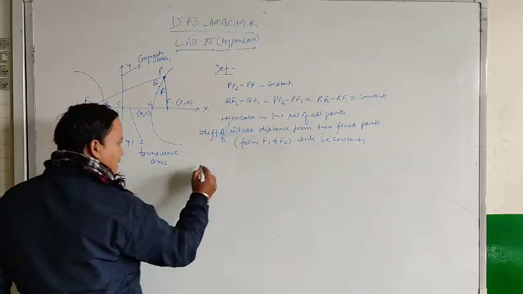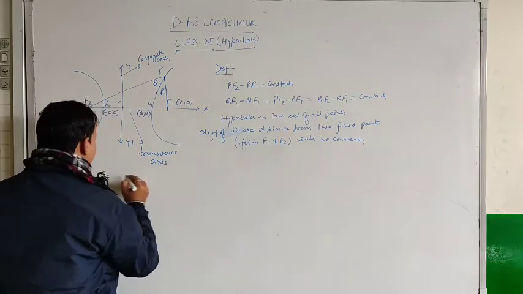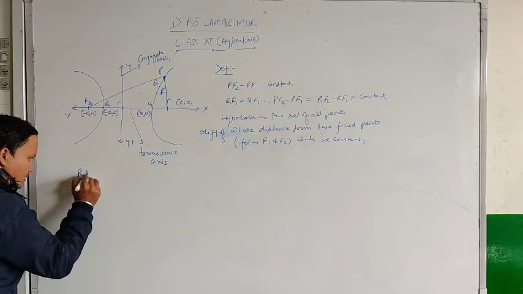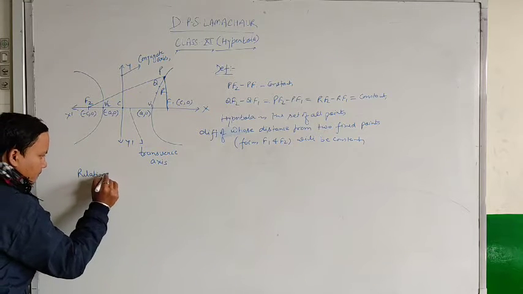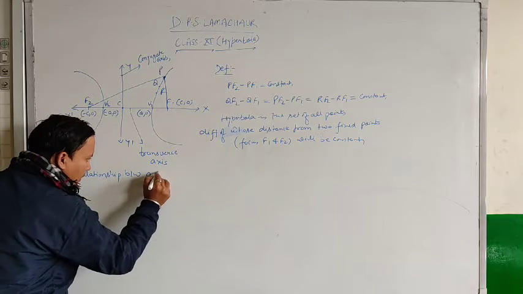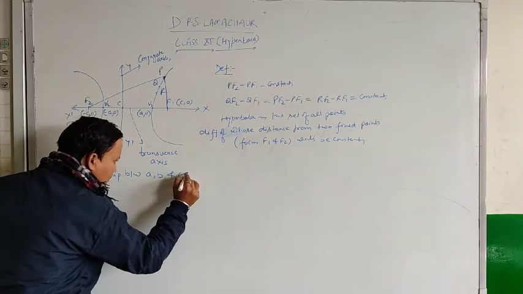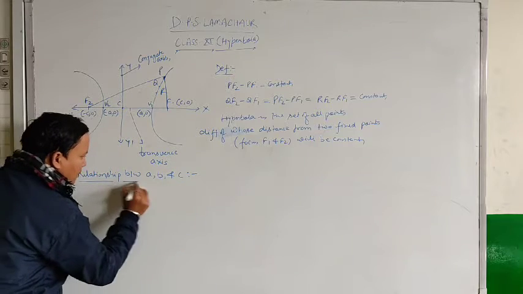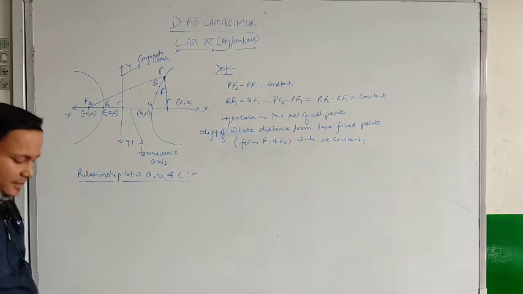So basically what is a? Now the next topic is the relationship between small a, small b and small c. First we have to know what a, b and c are.